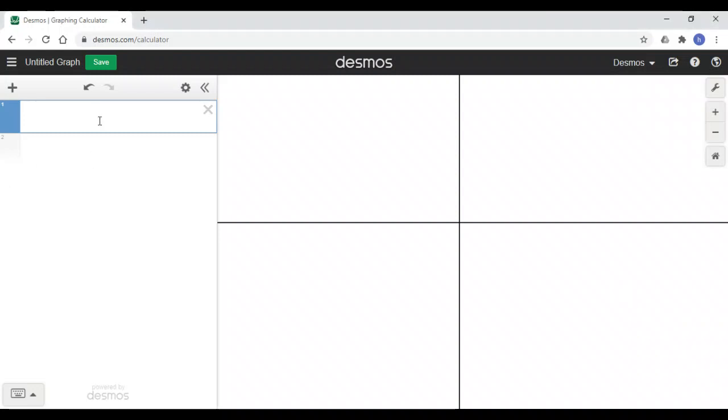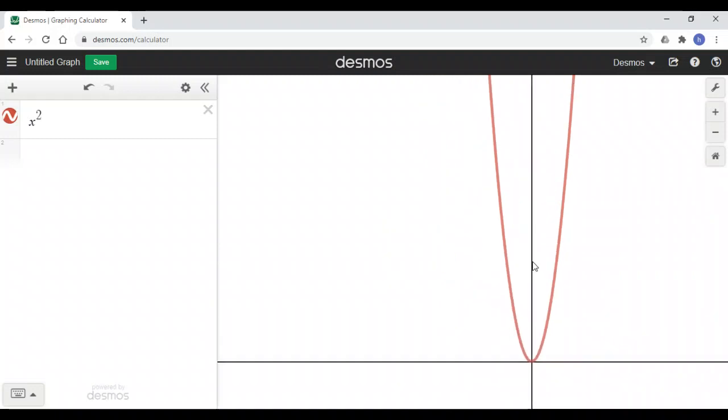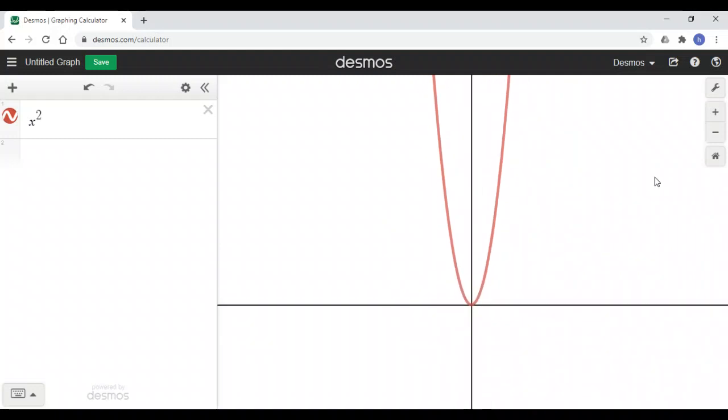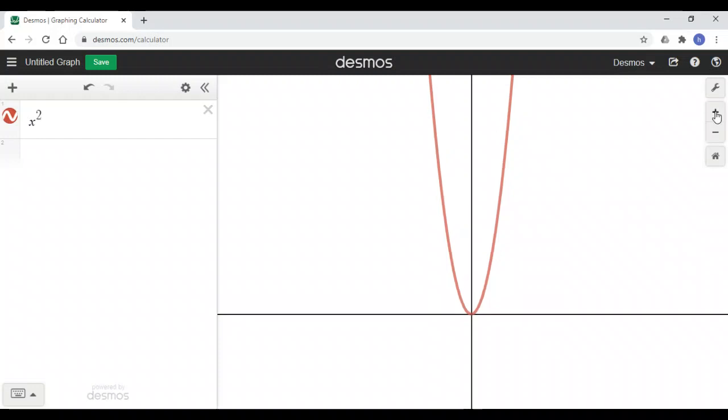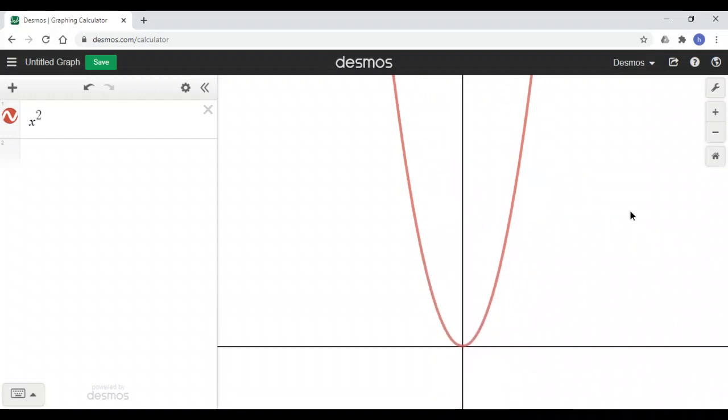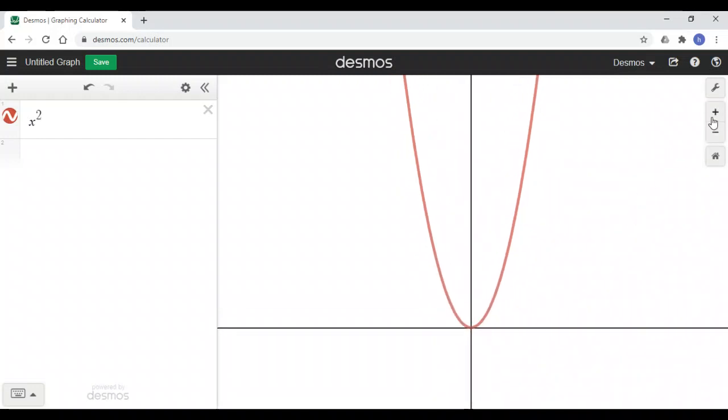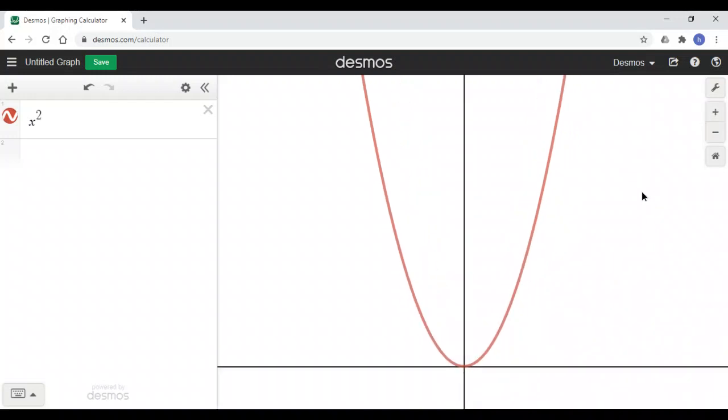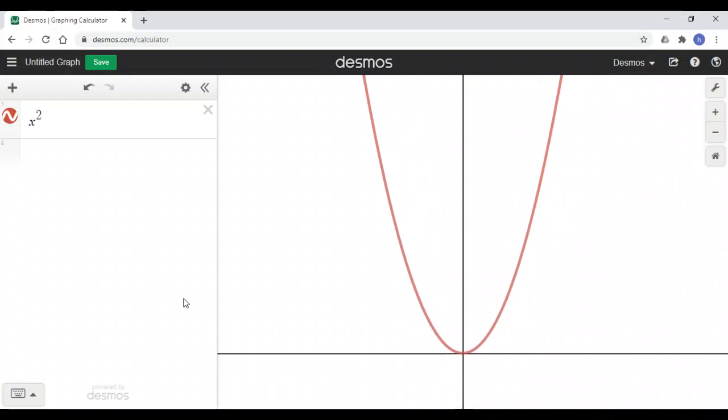So the graph of x squared is that famous parabolic shape. Let me zoom in further, and I'm not even going to bother showing the axes numbers as well as the grid. I'm going to hide all of those away.